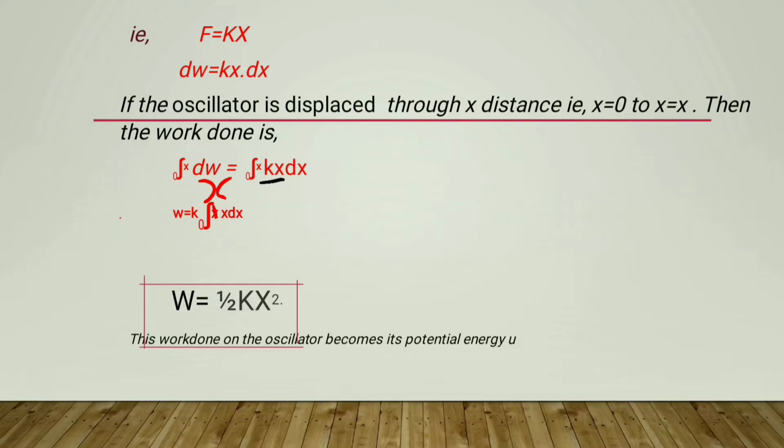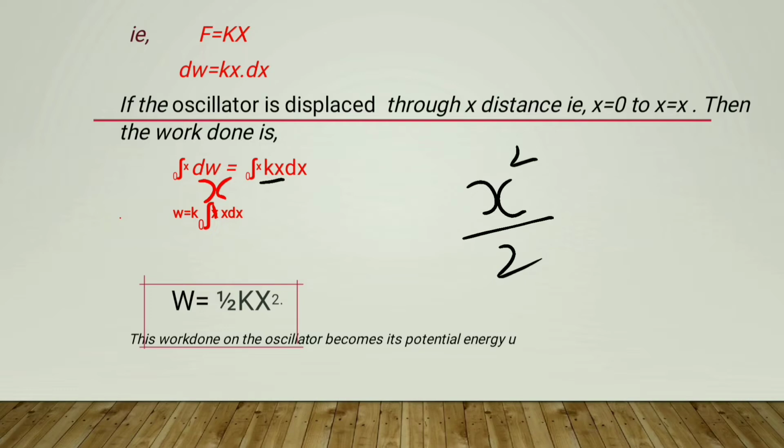Here k is a constant, so taking it outside, we get W equal to k into integral 0 to x dx. Here integral x dx is simply x square by 2. So putting this and applying the limits 0 and x, we get W equal to half k x square.